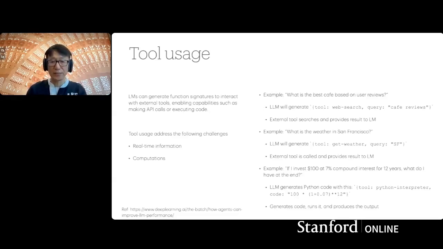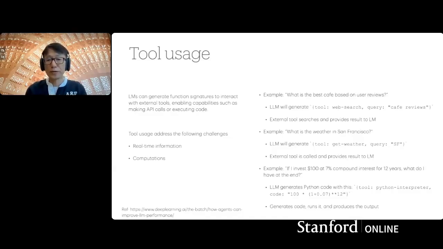As in this example, the model will generate the output in a way that signals this is a case for tool usage. It generates an output in the form shown here, get weather, with the input argument to this API call, or function call, being the place that we asked.